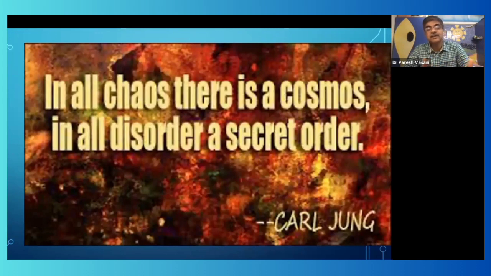Minerals were the first that we learned from Jan Scholten. So everywhere there is order, we have to learn to see that, to see the pattern.